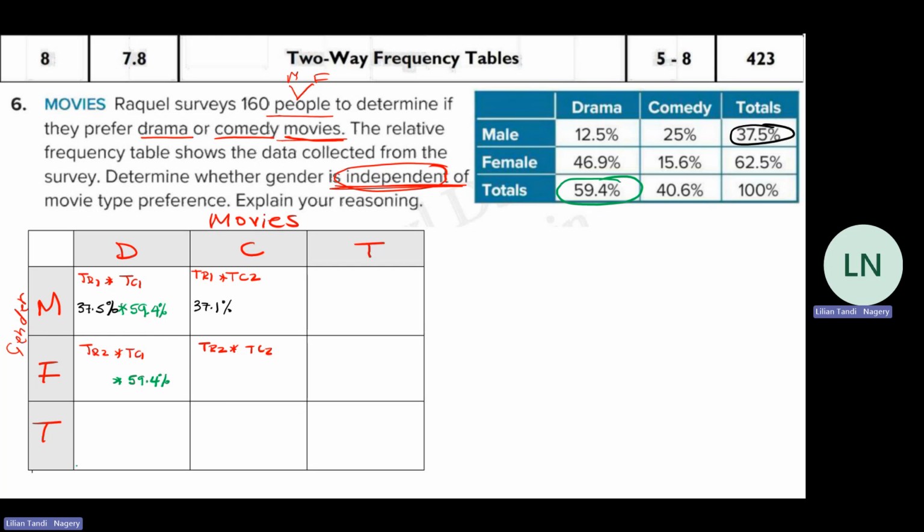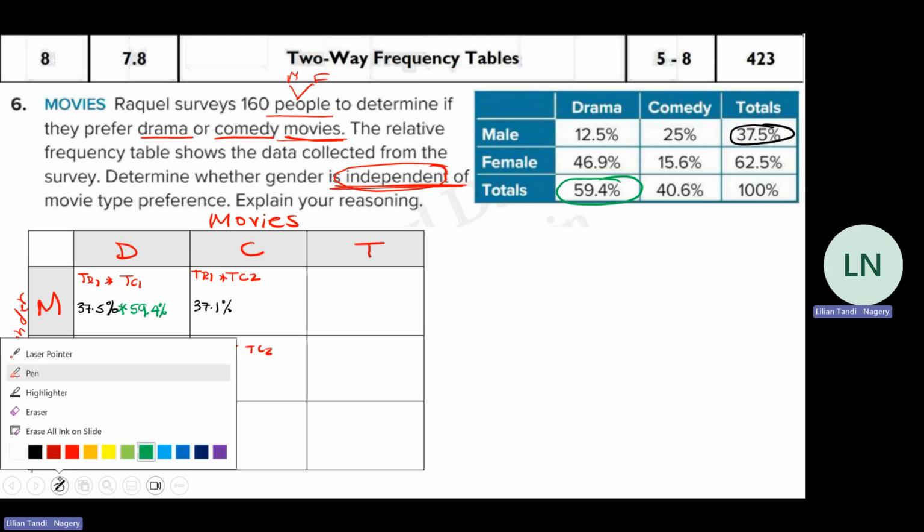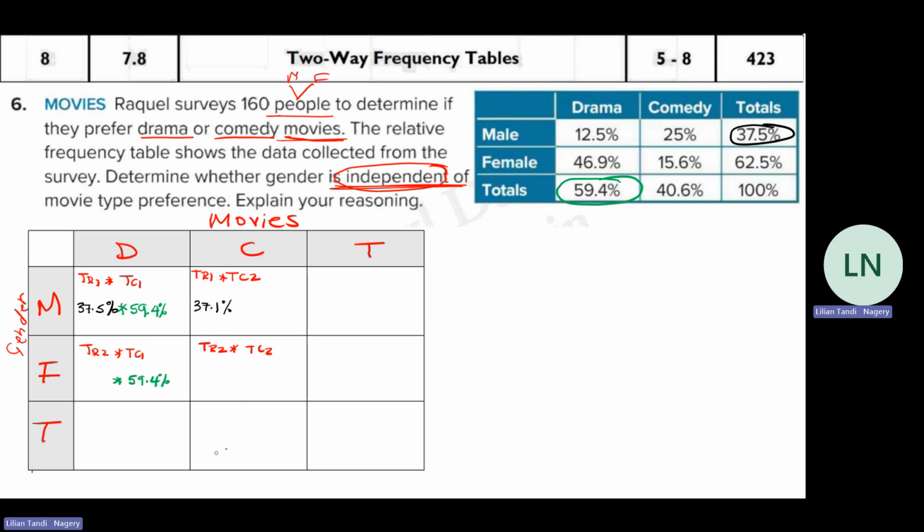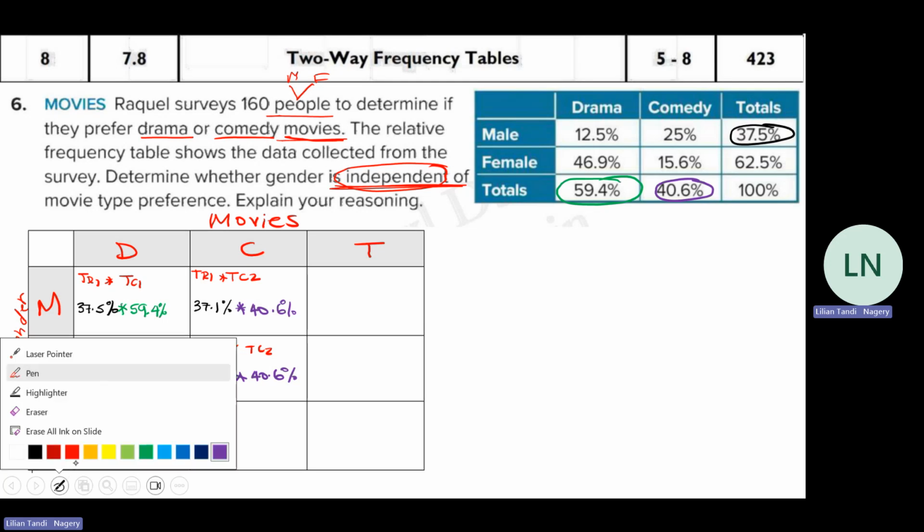Then we want total of column 2. Let's use purple. Total of column 2, which is this one here, times 40.6%, times 40.6%. Then now we want total of row 2.